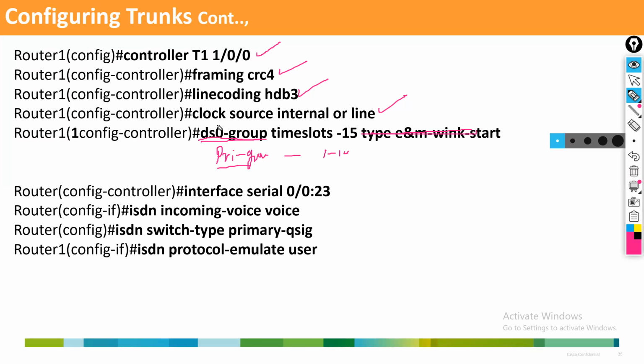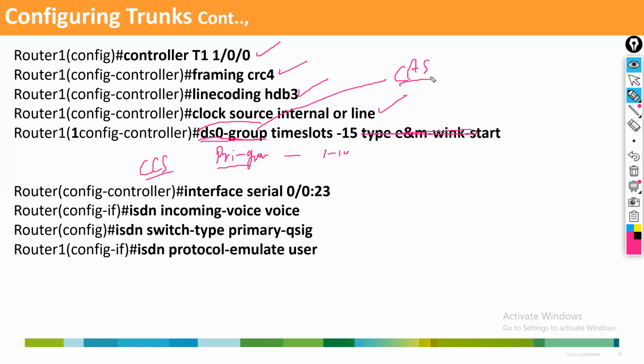PRI group I have given, right? Now here in the slide, you have a DS0 group. What is the difference here? PRI group, DS0 group. Whenever you mention the PRI group, it takes the CCS signaling method. If you mention the DS0 group, it takes the CAS signaling. This is how we define whether we are using CAS or CCS. It's up to you; if you want to use it, you can use it.